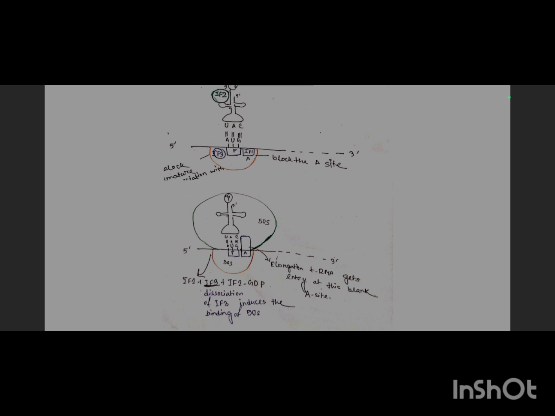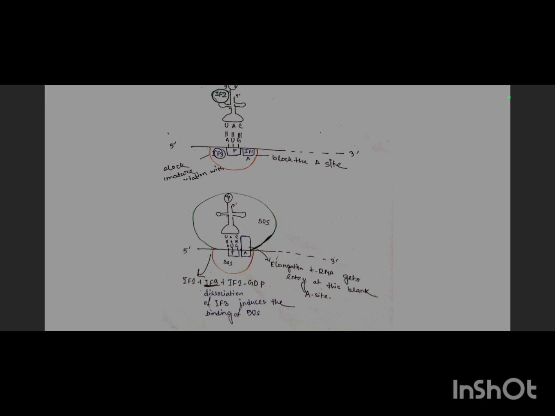If I tell it in a concise manner, three factors, initiation factor 1, 2 and 3, conduct the entire process. Initiation factor 1 dissociates the ribosome. Initiation factor 3 sits on the 30S subunit and inhibits the premature association with the larger subunit.